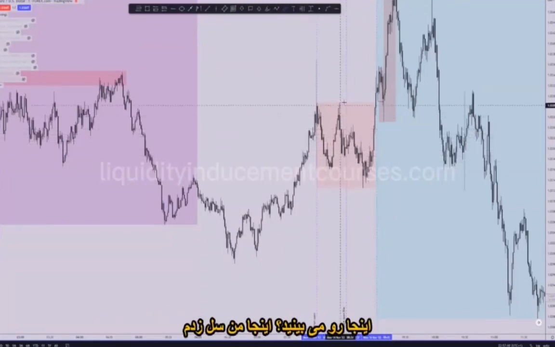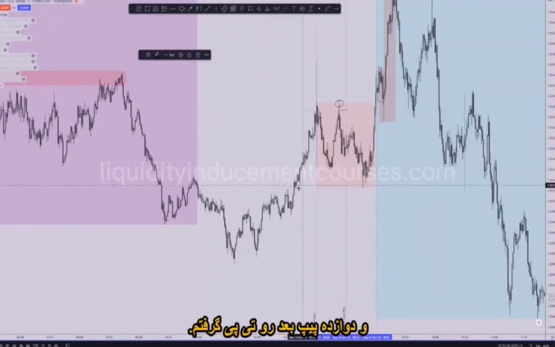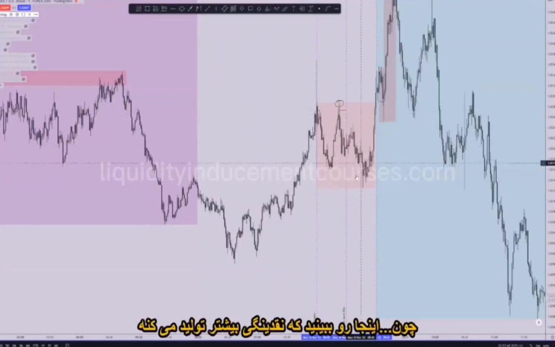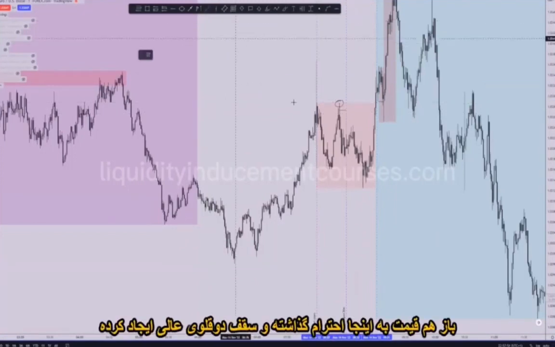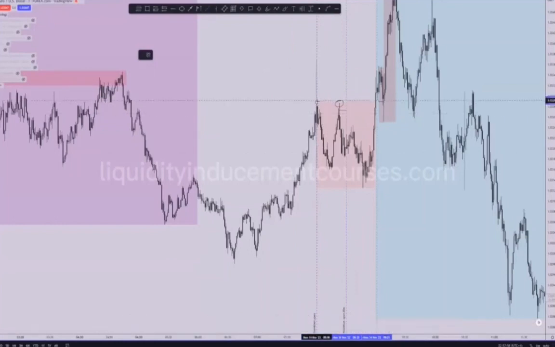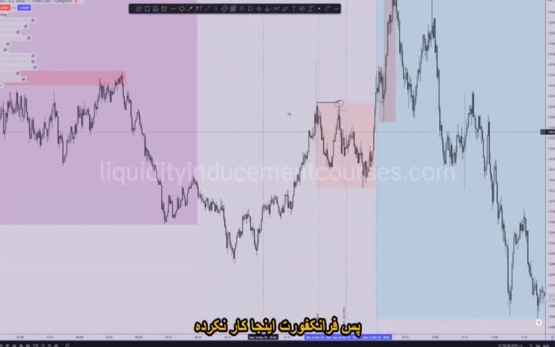When price was here, I sold and took the TP after 12 pips, because when you see this, it's just creating additional liquidity. Again, it's respecting this, creating almost perfect equal highs, so the Frankfurt doesn't work here.